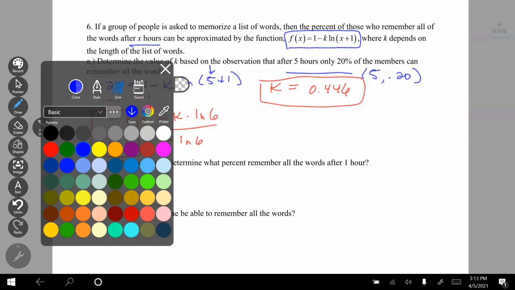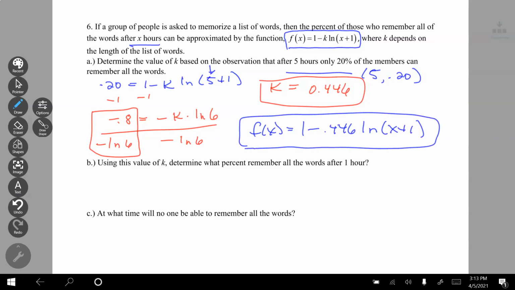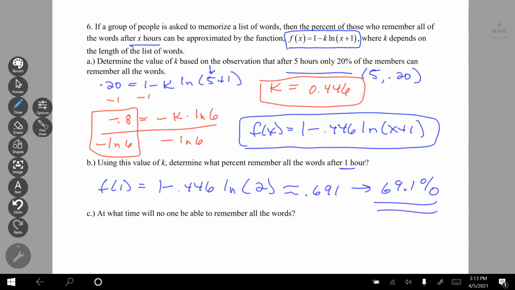So my general equation for this memory is 1 minus 0.446 ln of x plus 1, for this specific list of words. So after 1 hour, I have 1 minus 0.446 ln of 1 plus 1, which is 2. I put that in the calculator and I get 0.691, or 69.1% of the people will remember the list of words after 1 hour.